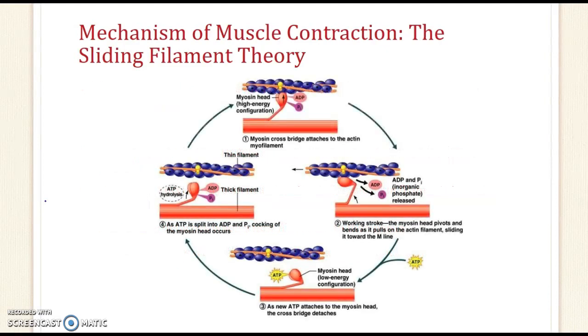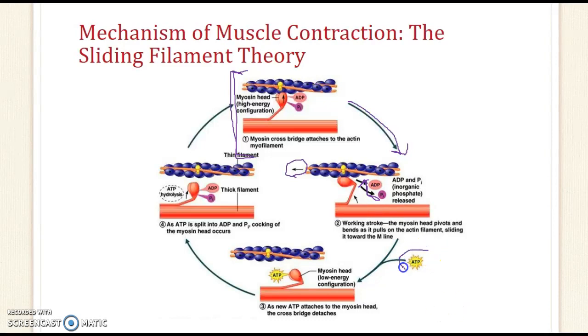So let's look at this step by step. So here we go. We have calcium binding to actin, which then allows actin and myosin to come together and create the cross bridge. The power stroke then occurs where the myosin head cocks and pushes the actin filaments closer together. There you go. You can see the arrow showing that right there. This causes ADP and inorganic phosphate to be released.